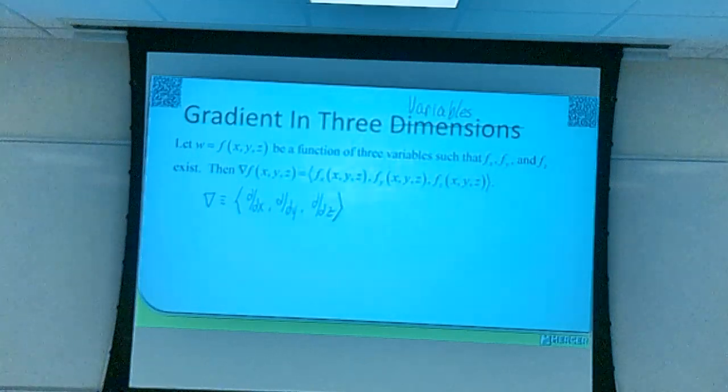Then your del operator in 3 variables would just be that: partial x, partial y, partial z, right?